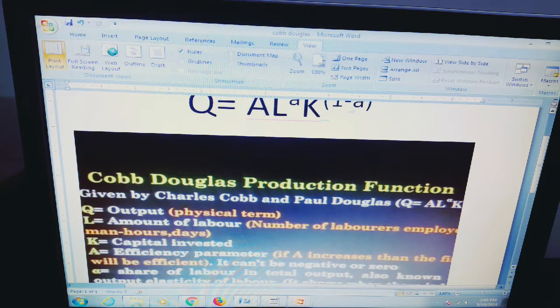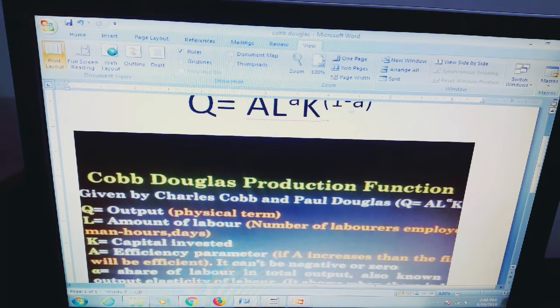capital in the production is always less than the share of labor in the production. If you have produced 1000 units, then 75% of the work has been done by labor and 25% of the work has been done by the machines, because labor has to work the machines. How efficient the machine is will also be dependent upon the efficiency of labor.